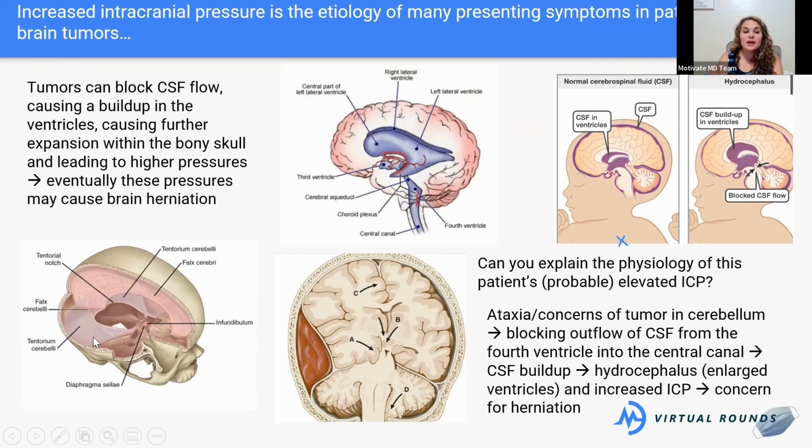Ultimately, when the pressure gets way too high, the brain can herniate. If we look over here where my mouse is, I don't know if you've learned about the tentoriums of the brain, basically the spaces that these meningeal layers divide the brain into.